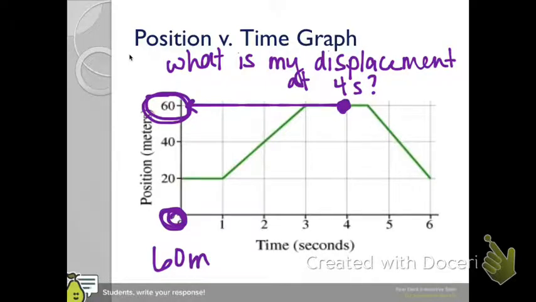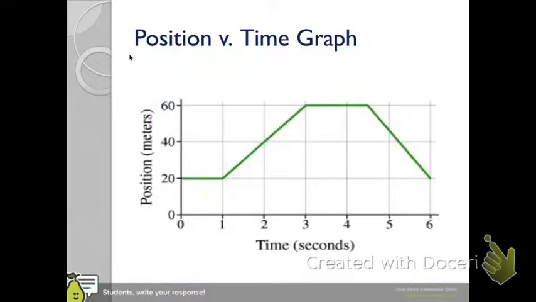So that's my displacement. All I do is read the y-axis of the graph. Even though my official starting point was there, that's not what I care about. I care about it in comparison to the graph starting point. Does that make sense? So that one's super easy to find displacement on.